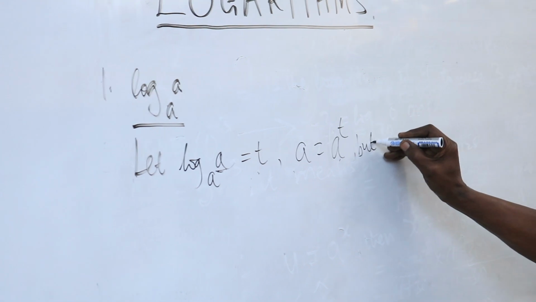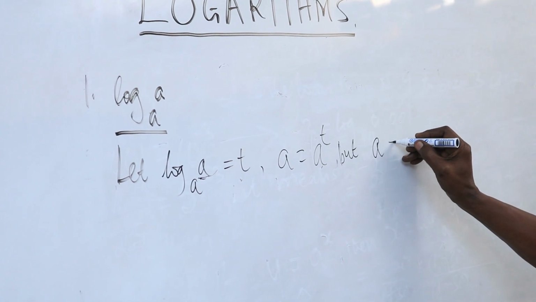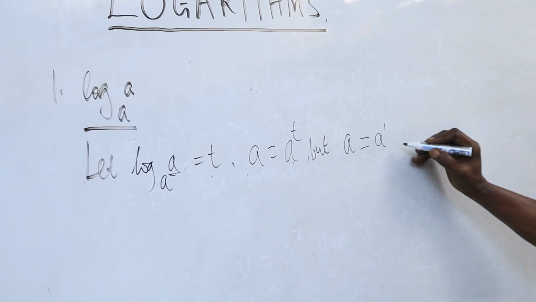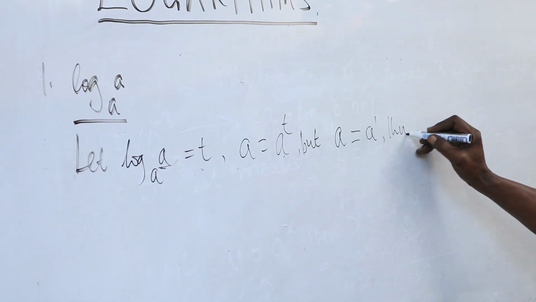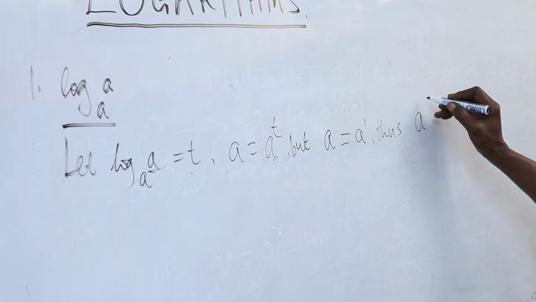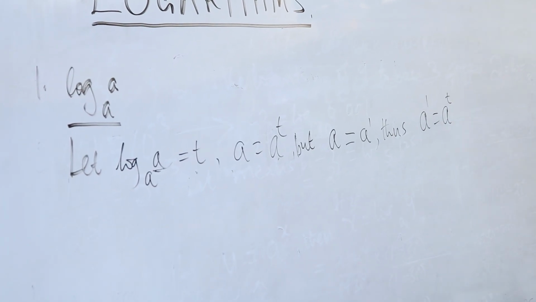But A is equal to A exponent 1. Thus, A exponent 1 is equal to A exponent t.